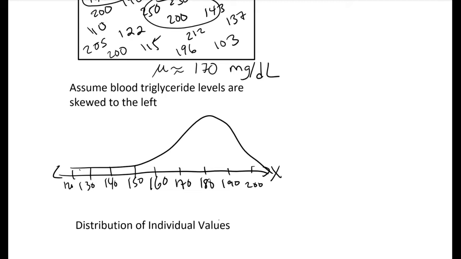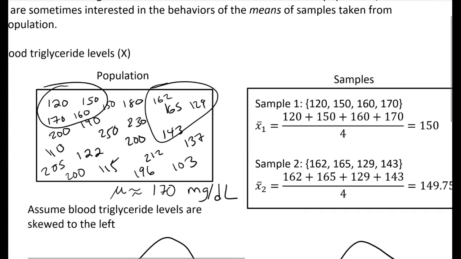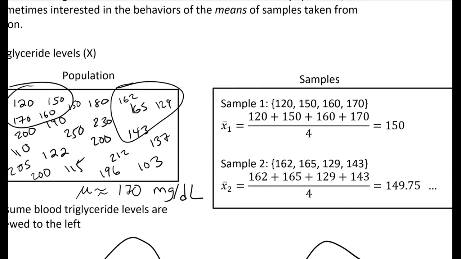All right, so now suppose that we're going to take those samples, right? Let's say that first sample that we took was this guy, and then the other one was 162, 165, 129, 143. So let's say those were a couple of our samples amongst other samples. Okay, so then for each sample, what we're going to do is average the numbers in that sample.